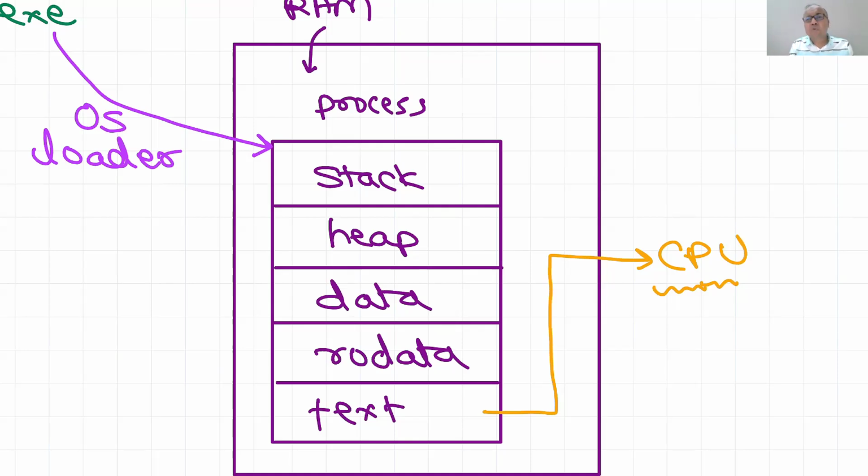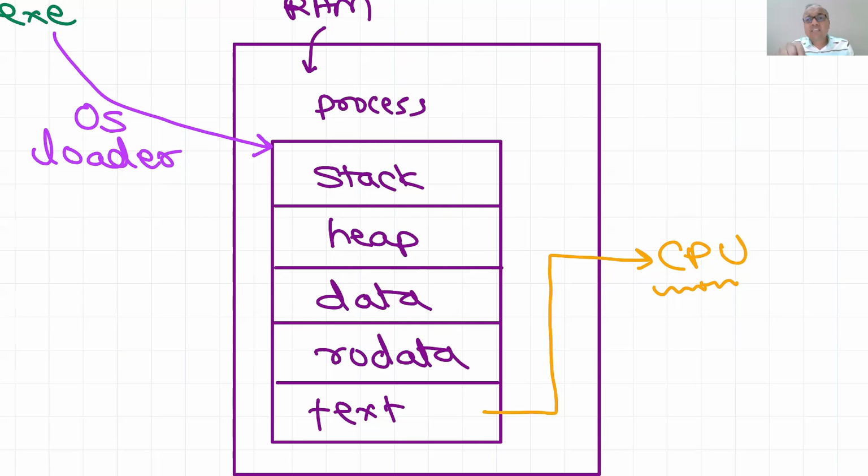And if you have a little background of C and C++, then you might have heard of malloc or new operator. Now this malloc or new operator allocate the memory dynamically. Where this dynamically allocated objects, dynamically allocated memory goes, this is where we have the heap section. So this is nothing but the process under execution.